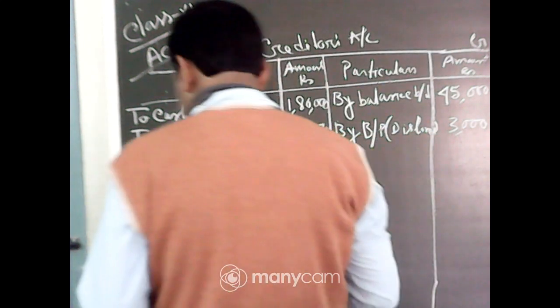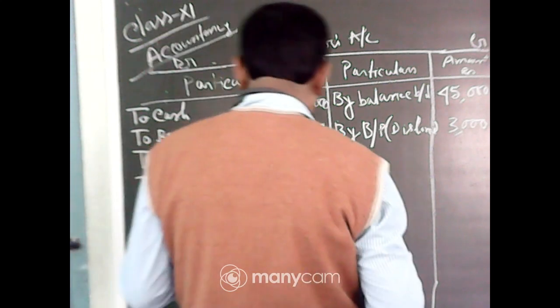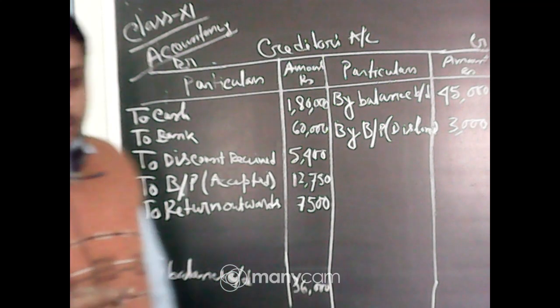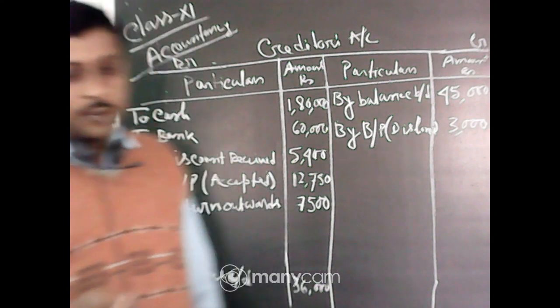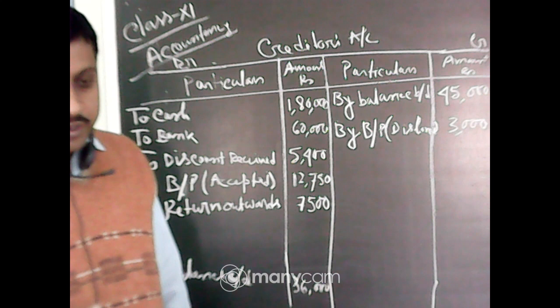Next is bills receivable endorsed to creditor 4,500. In the bill of exchange chapter, you already learned that a bill receivable is accepted by the debtors.